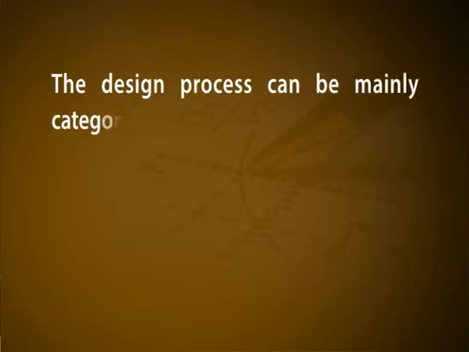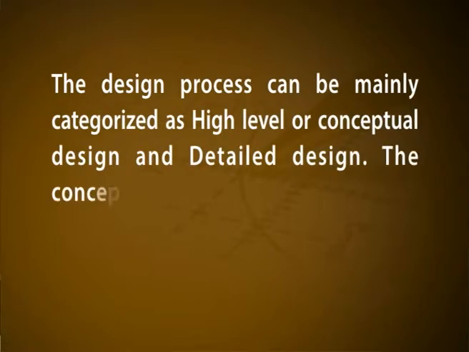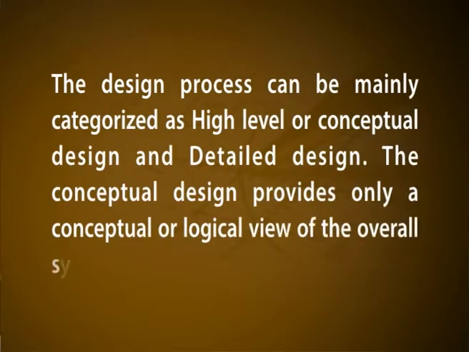The design process can be mainly categorized as high-level or conceptual design and detailed design. The conceptual design provides only a conceptual or logical view of the overall system. The details are not specified. During the detailed design process, the inner details of how the system can be implemented will be specified.